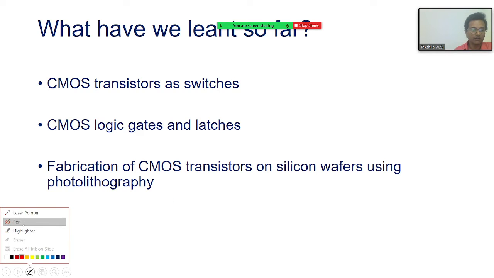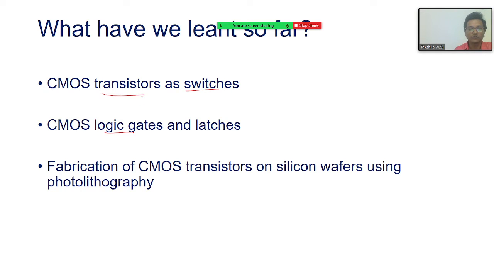If you recall, I explained the switches, then the logic gates, NMOS and PMOS and how they work, the latches, and we also understood a bit about flip-flops. Using these latches and flip-flops, we call them sequential circuits. The logic gates we call combinational circuits, right?